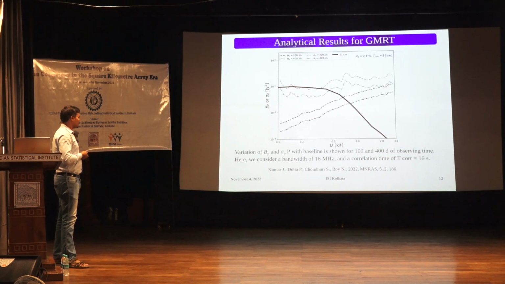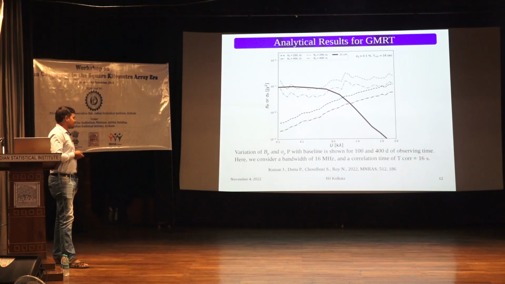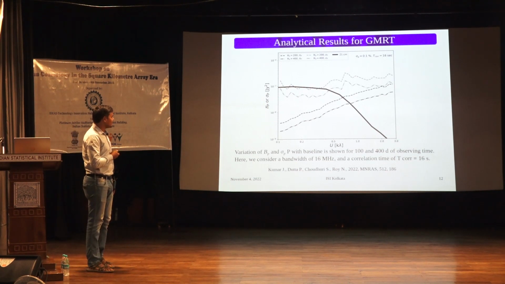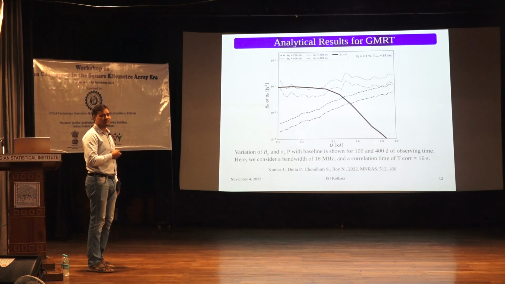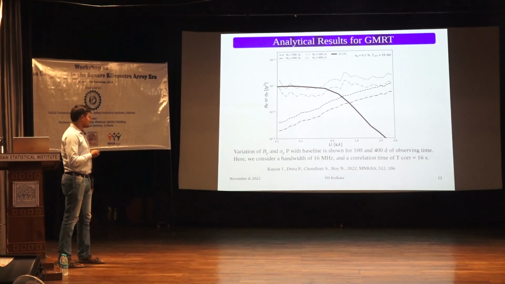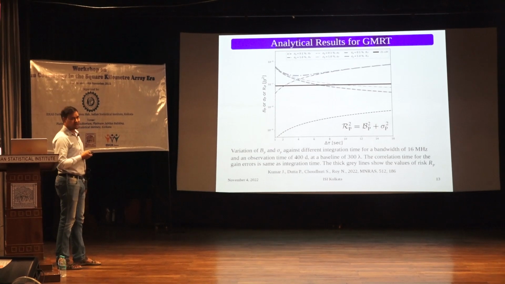With the gain error model discussed here, 16 megahertz of bandwidth, and a correlation time of 16 seconds, we find that approximately 400 days of observation can detect the 21 centimeter signal, as the error will be lower than the signal. This gives us a rough estimate where we have chosen the errors in the gain to be 0.1%, which is quite low. So these results are very much dependent on our models.